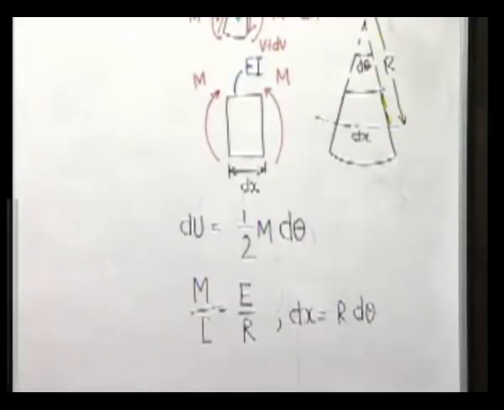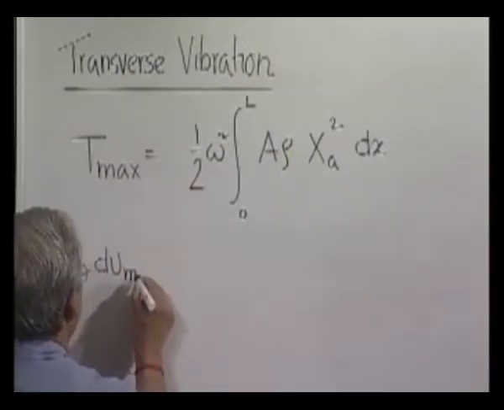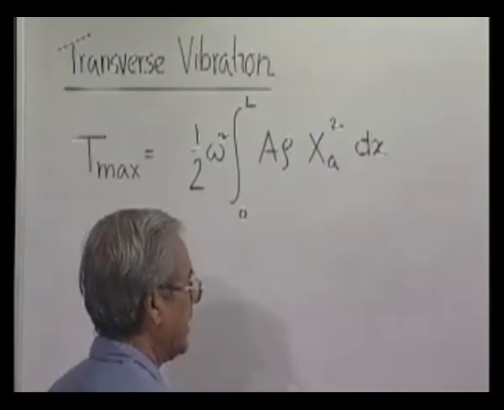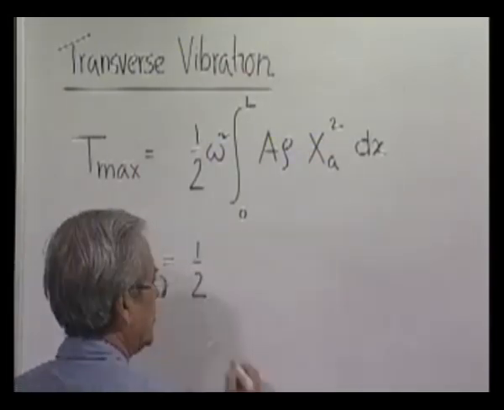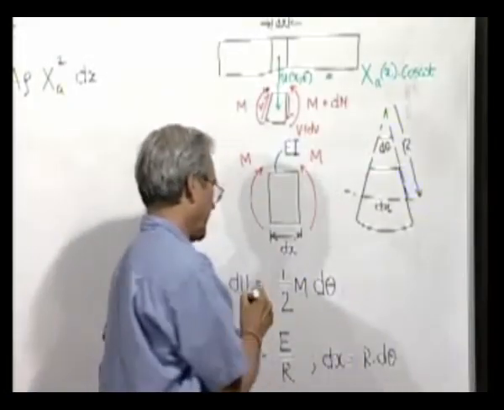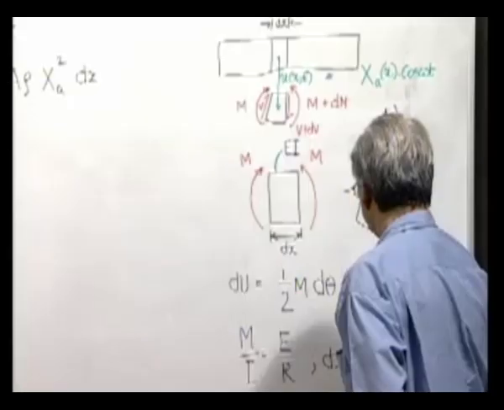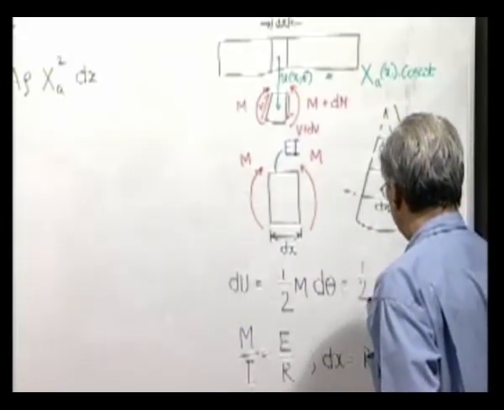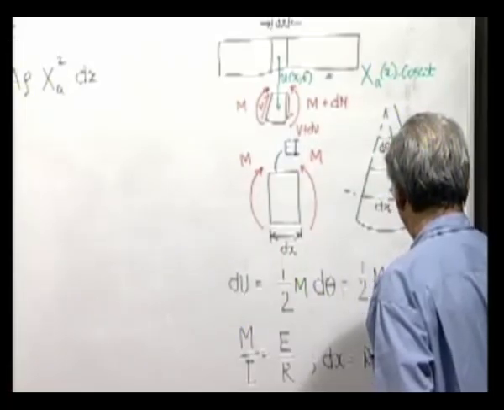So therefore, dU max, that means the maximum strain energy stored in this element, is given by half into M d theta. Now here, d theta we can write using this as dx by r.